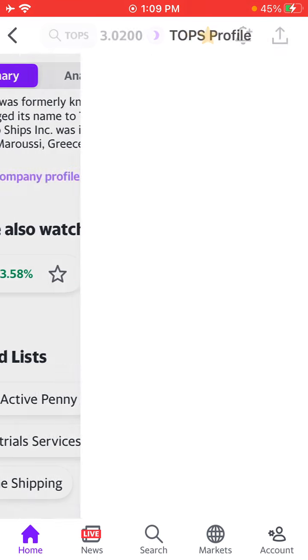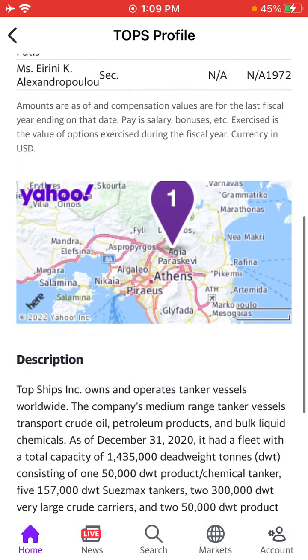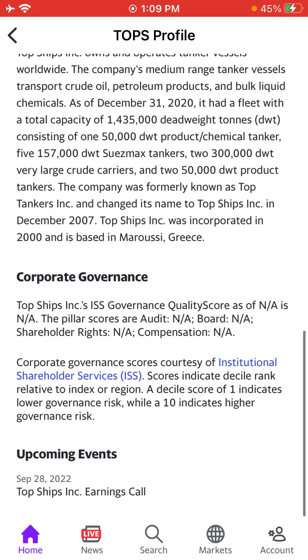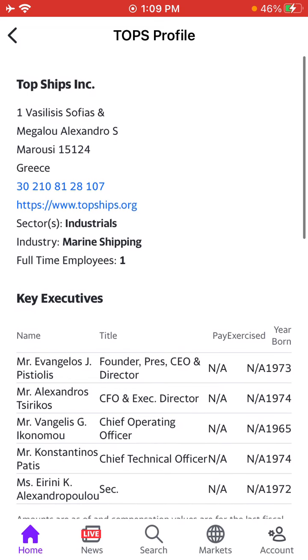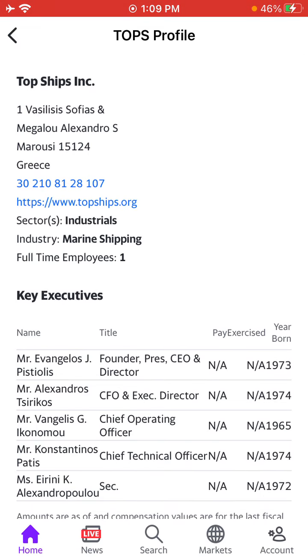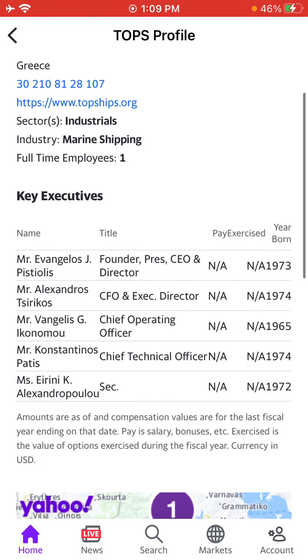So that's a foreign company. And then here, if you scroll down, this is basically the same thing. Yeah, and then here it shows you too that it's based in Greece.